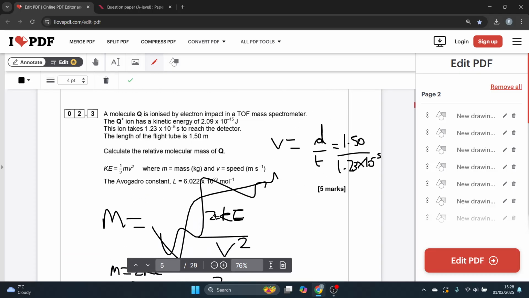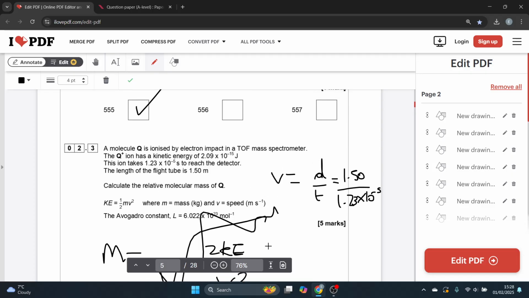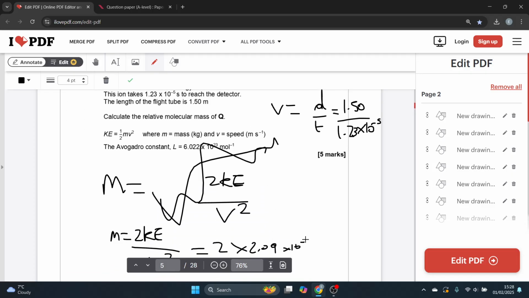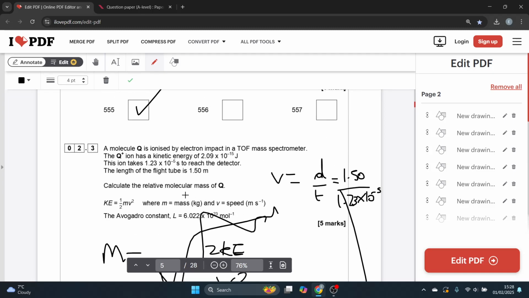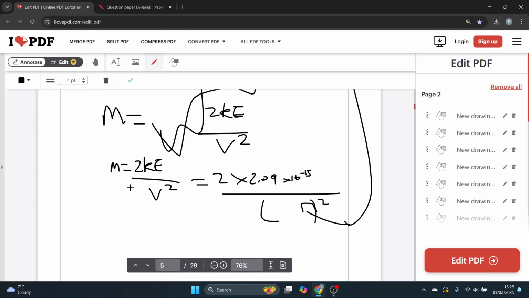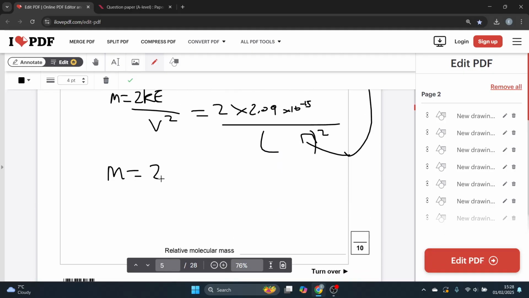So 2 times the kinetic energy, 2 times 2.09 times 10 to the power minus 15, divided by the velocity, which I just put there, and obviously square it. So that'll give me the mass, in kilograms in this case. So I get the mass as 2.81 times 10 to the power minus 25 kilograms.